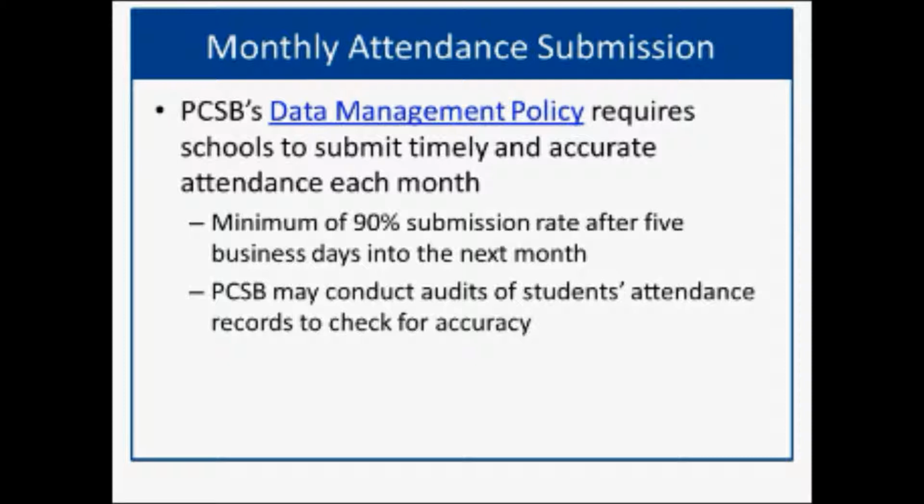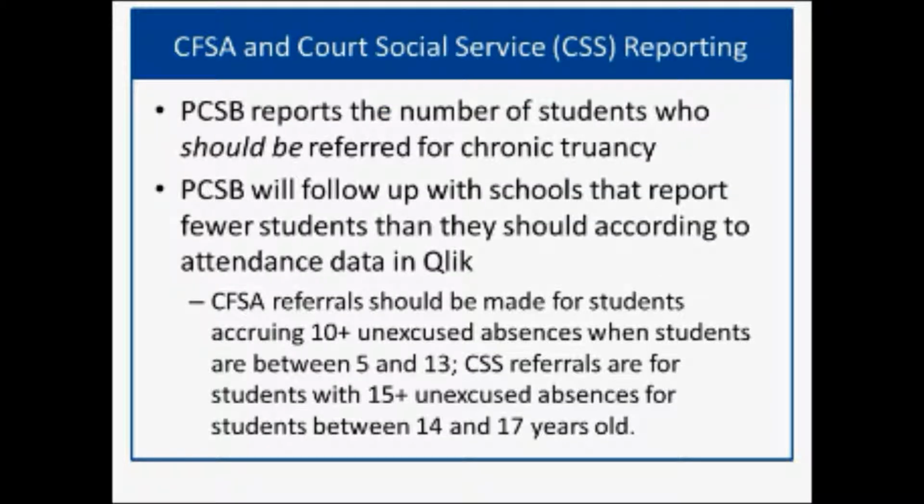Okay, so each month PCSB reports the number of students who should be referred for chronic truancy to CFSA and Court Social Services. And then CFSA and Court Social Services sends us how many students were actually referred.